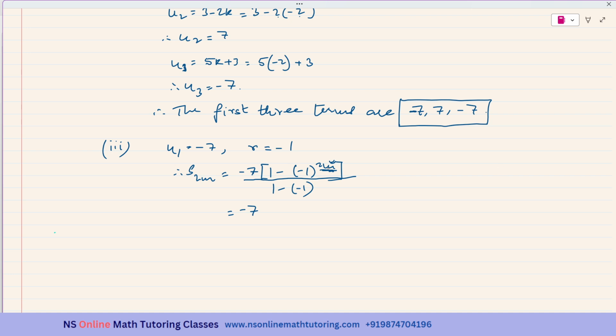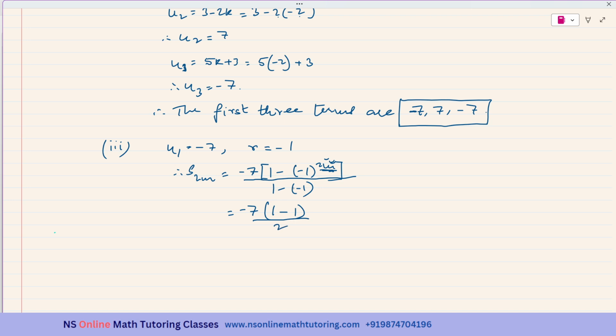And if m is equal to 0, 2 times 0 is 0. Whatever may be the case, minus 1 raised to the power of some even number will be equal to 1. And if it is minus 1 raised to the power of 0, even then it will be equal to 1. Clear? So, 1 minus 1 divided by 2.